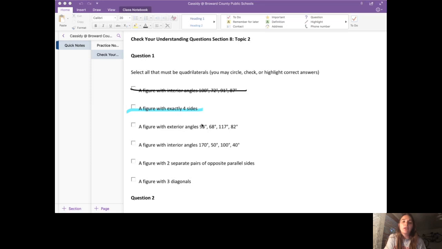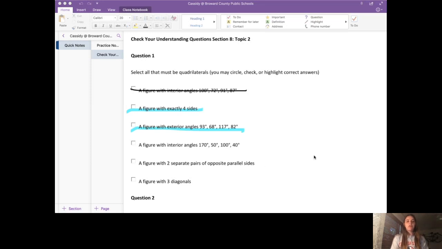The exterior angles on any polygon add up to 360. So we add up these 4 angle measures in our calculator: 93 plus 68 plus 117 plus 82. When we add that all together, we do get 360, so that is a correct answer.